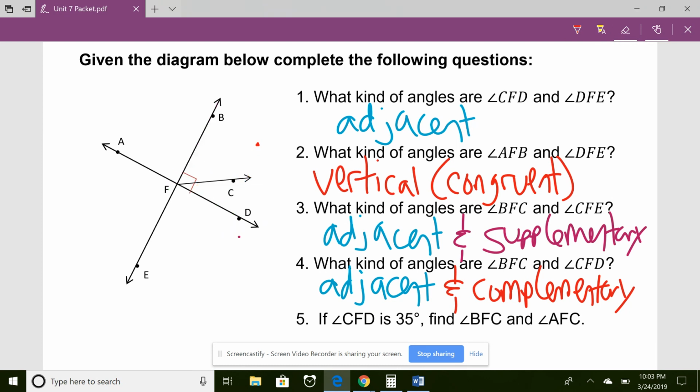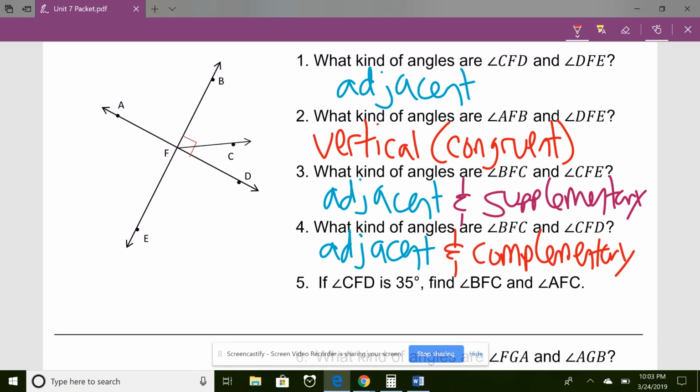Now, in number 5, it says CFD is 35 degrees. Find BFC and AFC. So CFD right here is 35 degrees. Find BFC.